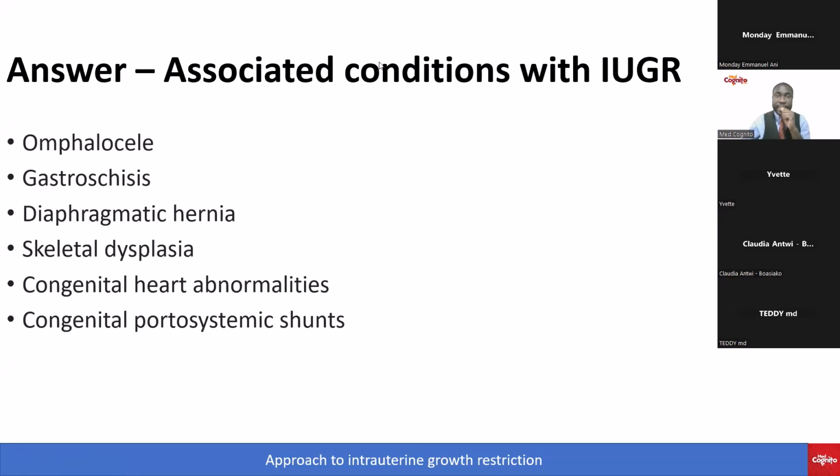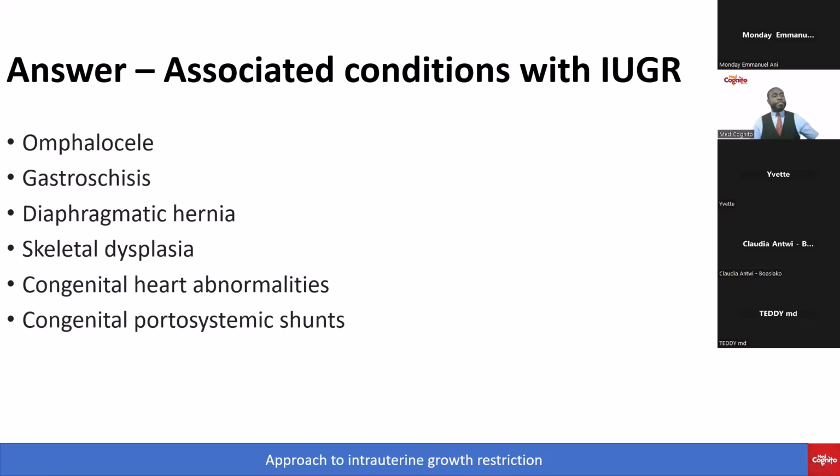Sorry, can I ask a question quickly, please? This associated confusion with IUGR, I'm looking at it from another angle, like the causes of IUGR, what could lead to IUGR.